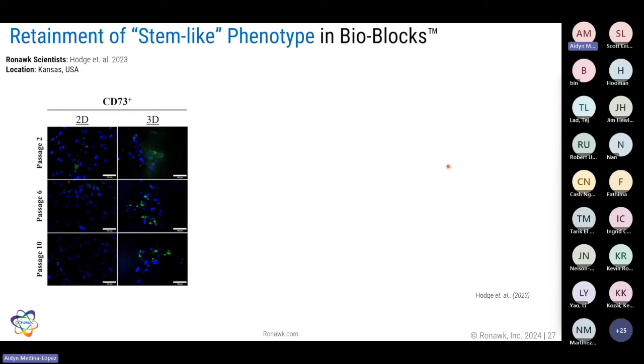We want to make sure that every single time that we're passaging the cells, or for how long the cells are cultured in the bioblock, you are still retaining those phenotypes that are very important for you to perform your experiments. In this case, we were looking for stem-like phenotypes.